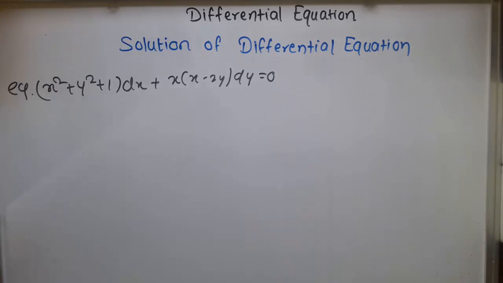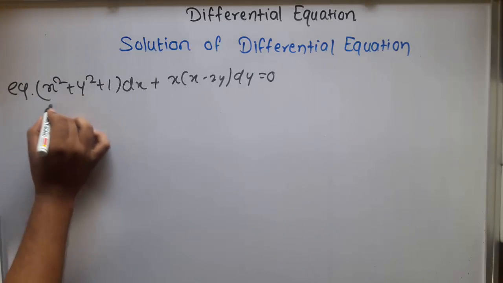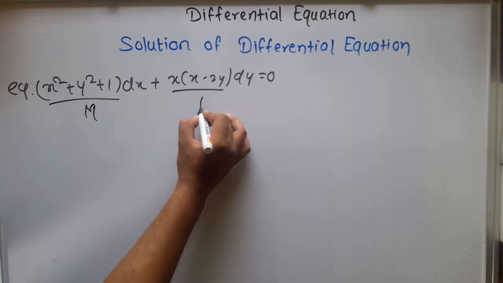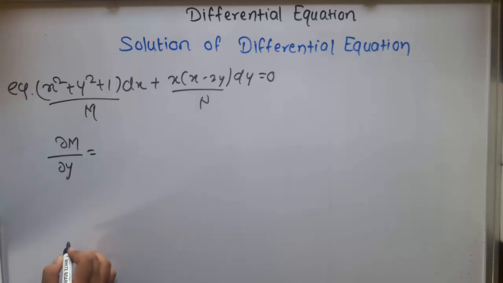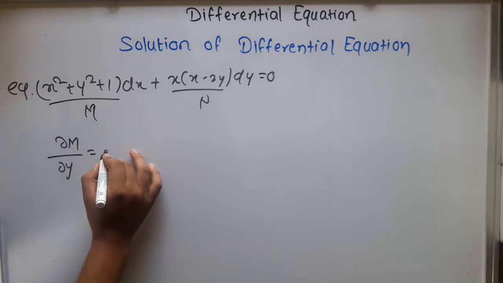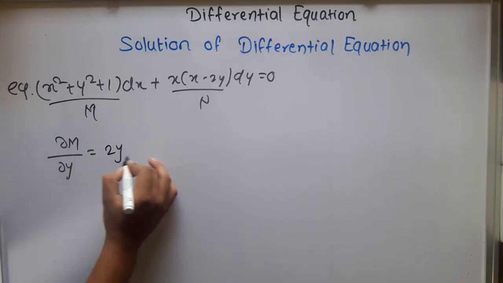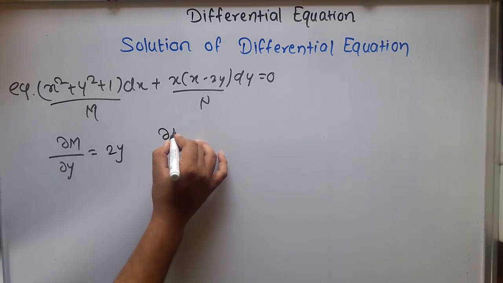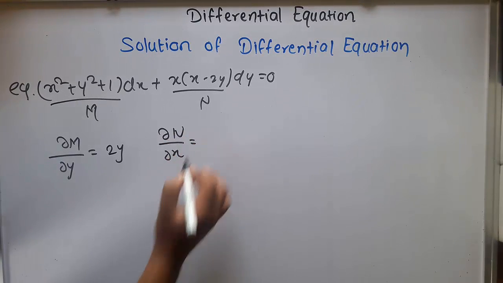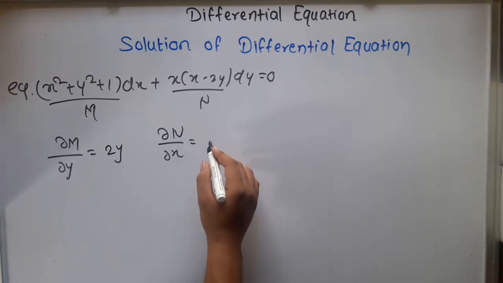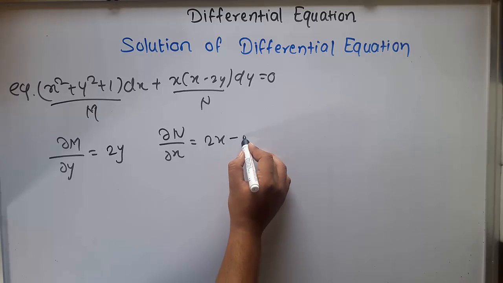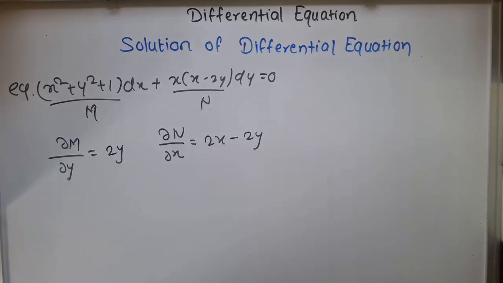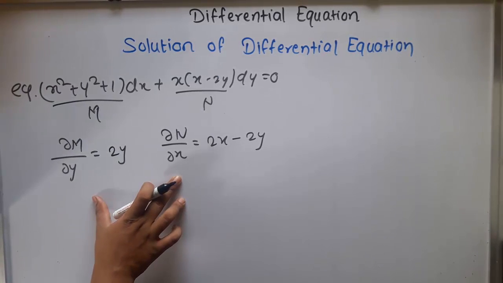So this is our M, and this is our N. Del M by del y gives us 2y, and del N by del x gives us 2x minus 2y. By looking, this is not an exact differential equation.